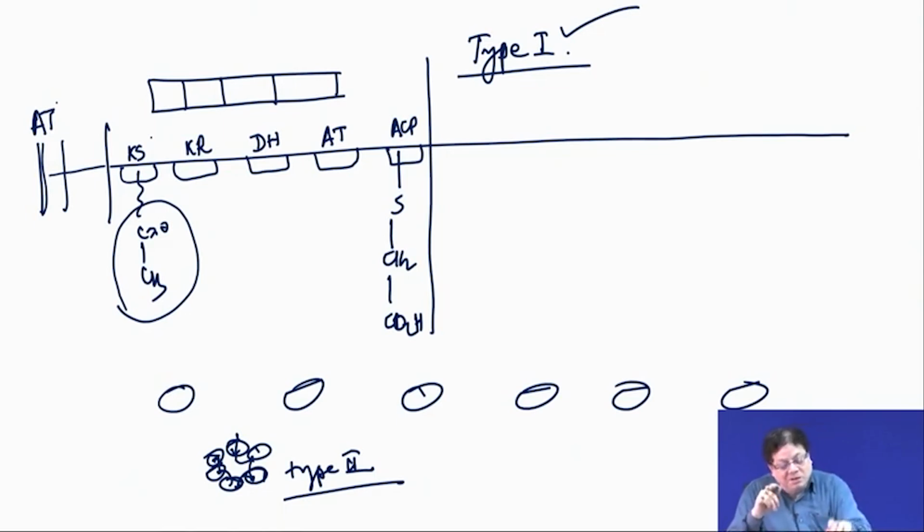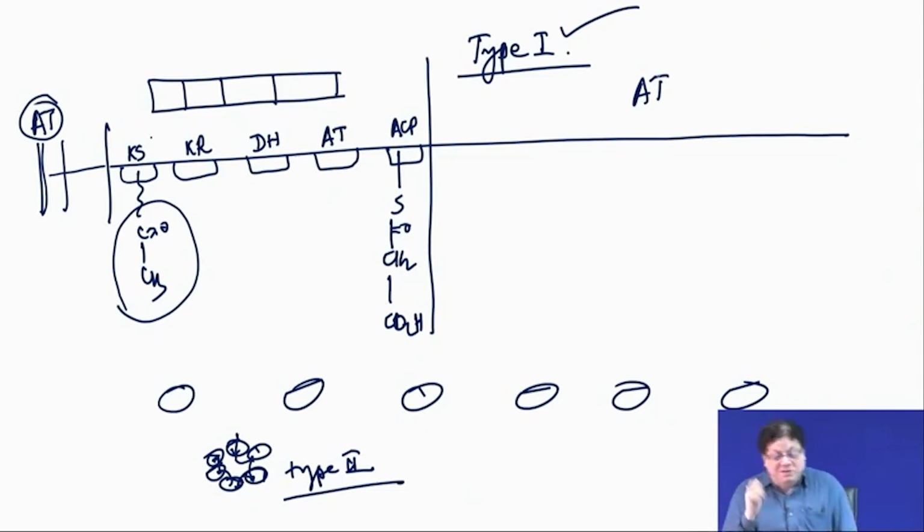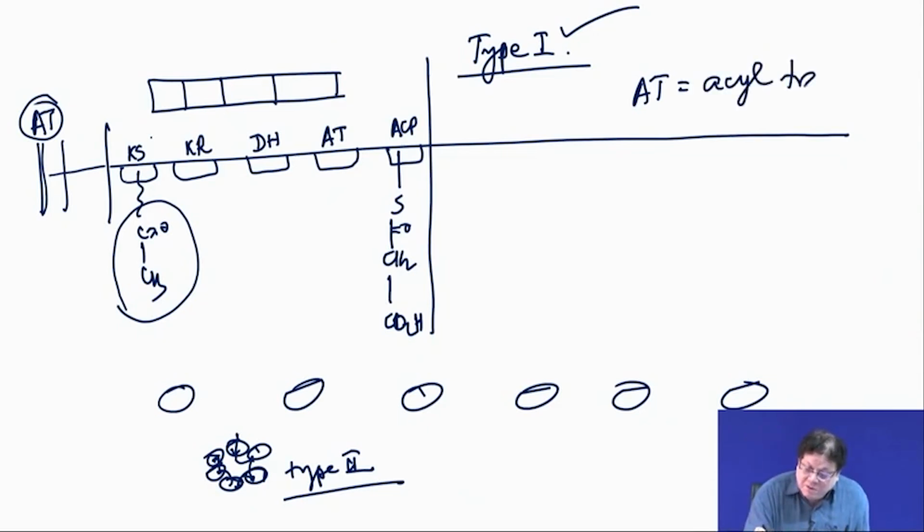You are transferring the malonyl group, that is also an acyl group, and then putting it into the ACP. So, this is what is called AT. AT's job is to do this transfer. Acetyl group transferred to the ketosynthase, malonyl group transferred to the ACP. So, AT is acyl transferase. Okay.